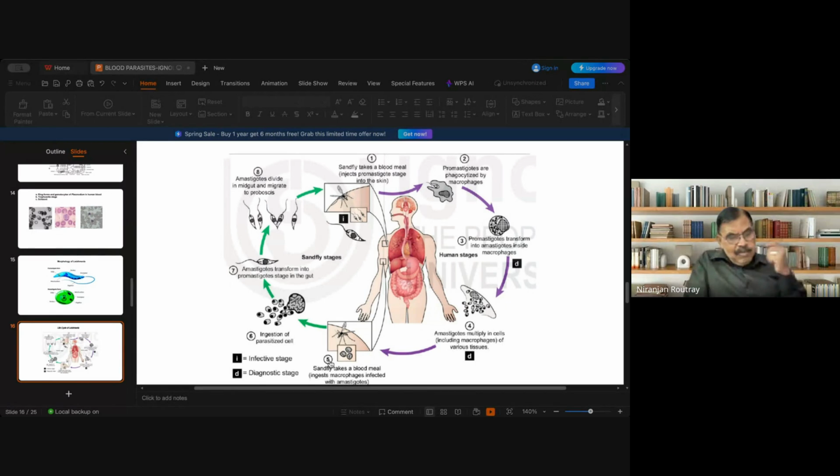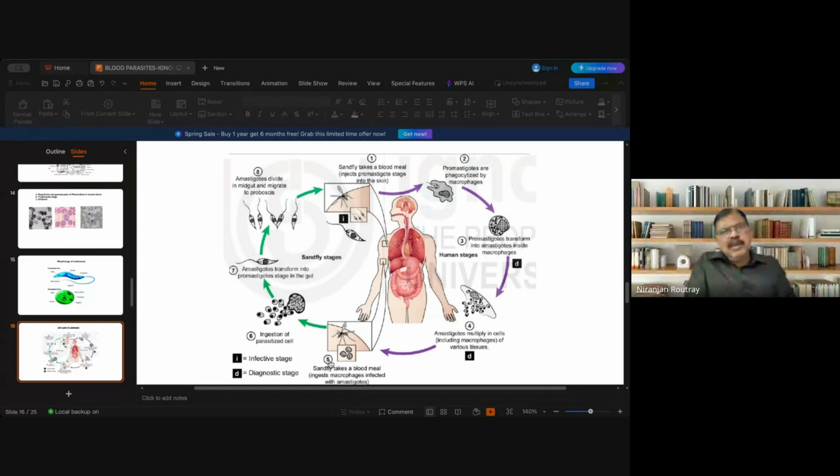Then sandfly immune reaction. The innate immune response plays an important role in the control of bacterial and parasitic infection in the sandfly midgut. So sandflies have an immune response to control the bacterial and parasitic infection. They also release antibacterial peptides, defensins, which exhibit antiparasitic activity.